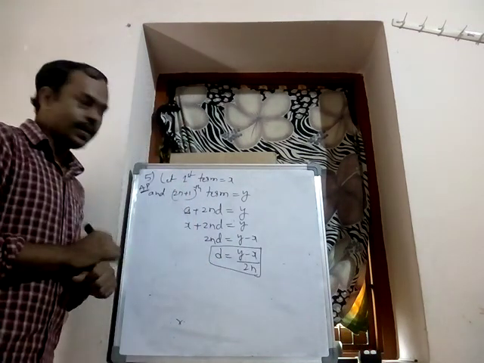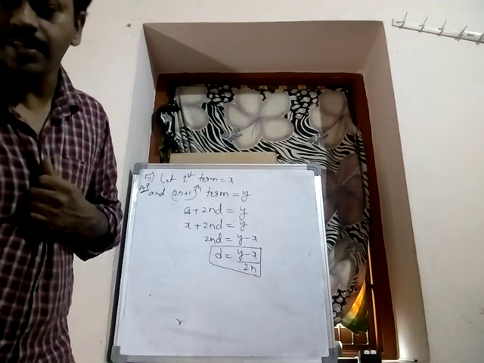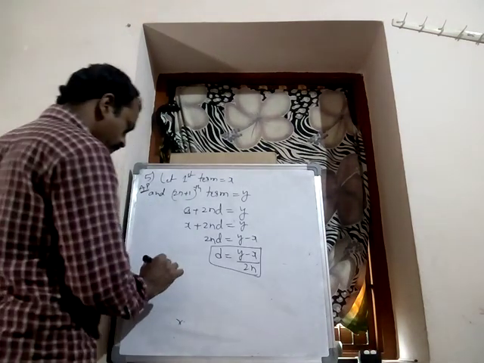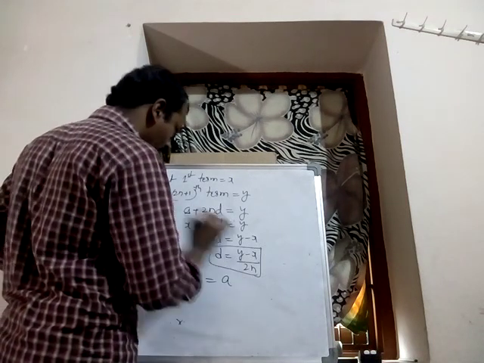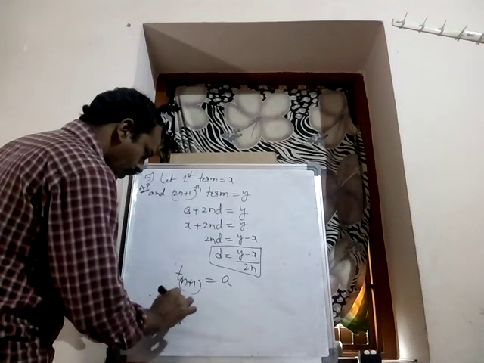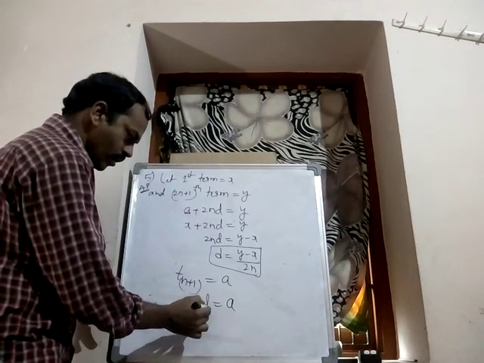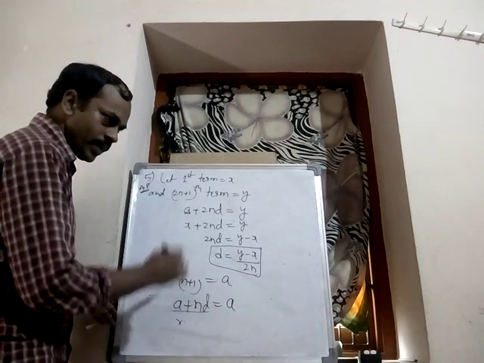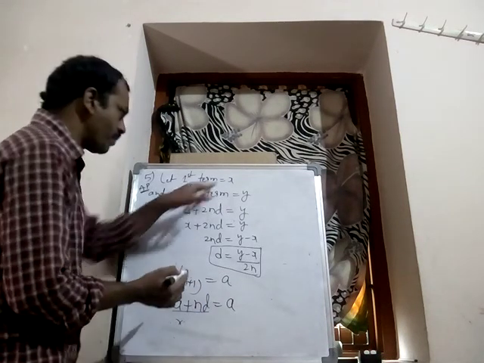Okay. Now in AP, n plus 1 term is asked. N plus 1 term is given a. Okay. In AP, T n plus 1 term is equal to given a. So what is the T n plus 1? A plus n d is equal to a. A plus n d, this is formula. N plus 1: a plus n plus 1 minus 1 into d. So we get a plus n d. What is a? A means first term.